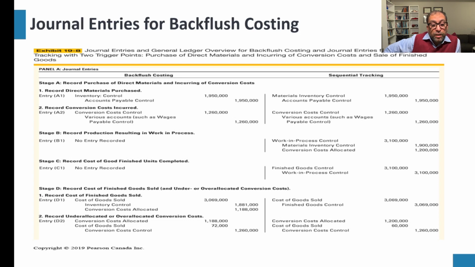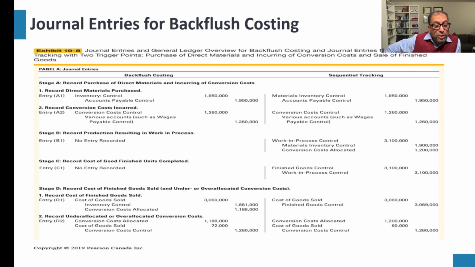Sequential tracking says materials inventory control debit and accounts payable control credit, and then we write conversion cost control debit and various accounts such as wages payable control credit.